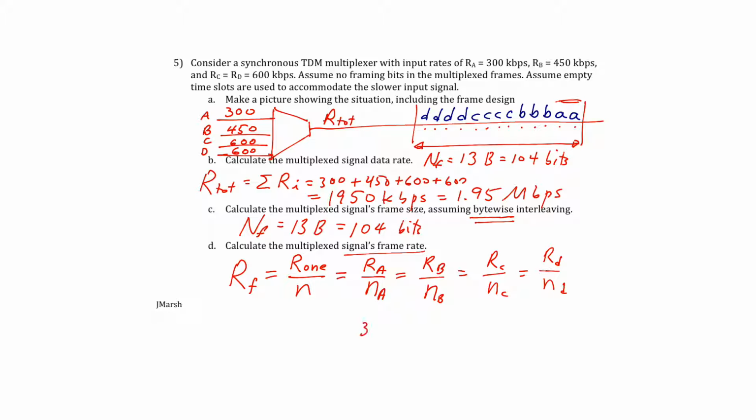For RA, we've got 300 over 2 bits from source A. For source B, we have 450 over, there were 3 of them from B. And for these two, we have 600 divided by 4. And each of these yields 150 kiloframes per second. Okay? And so that is our frame rate.